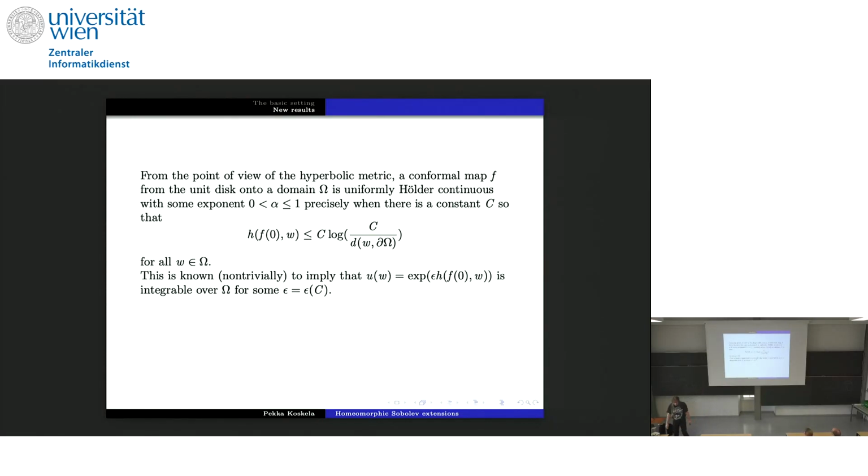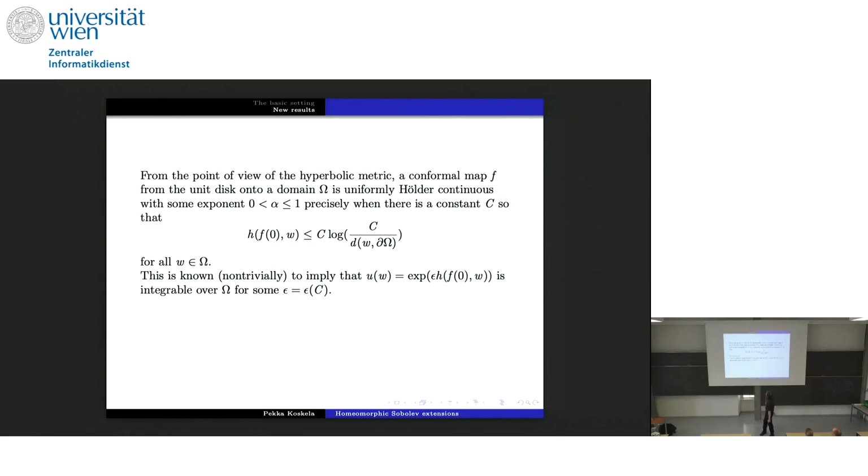So now we come to the work of Jones and Makarov. What is the year? Late 80s, early 90s. This is an Annals paper where they proved, among other things, that if you have this bound, then the hyperbolic distance to the fixed base point, which I call f of 0.